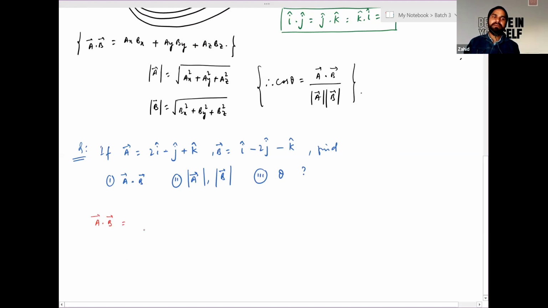As we have derived above, for dot product, just multiply x component with x component, y component with y component, and z component with z component. Next, to find mod of A, just put all the values in this part.